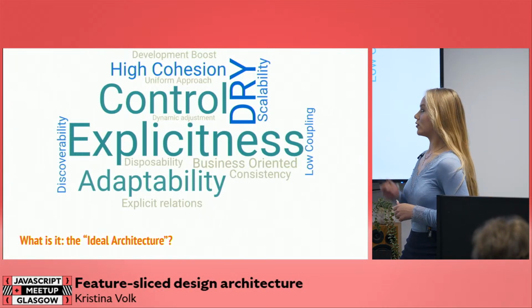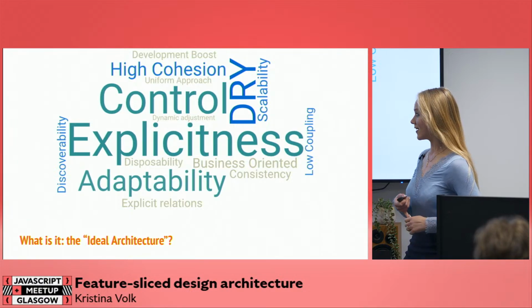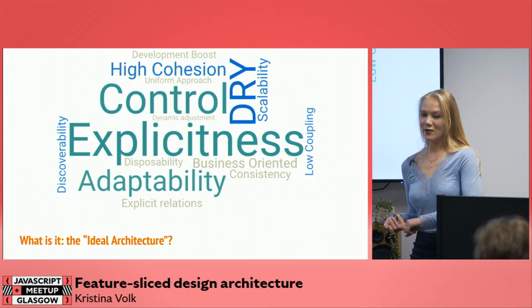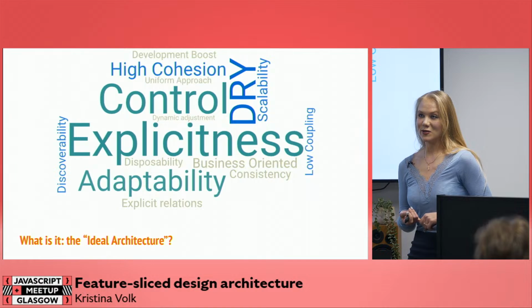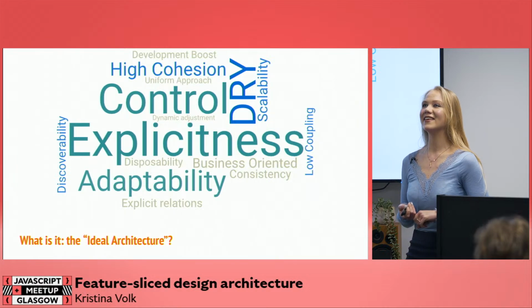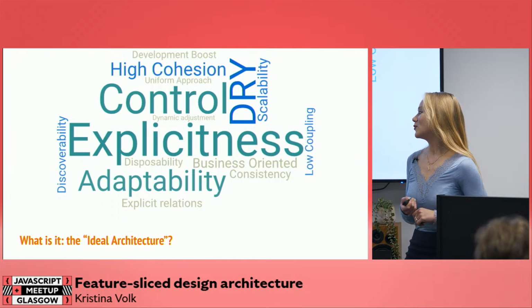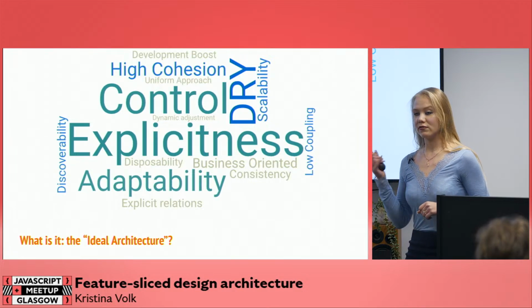So let's talk about what the ideal architecture is then. Asking developers, we can all come up with the same answers. So we kind of share one mind. We want to have a directional flow of data.